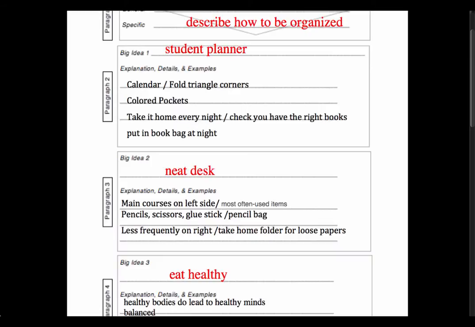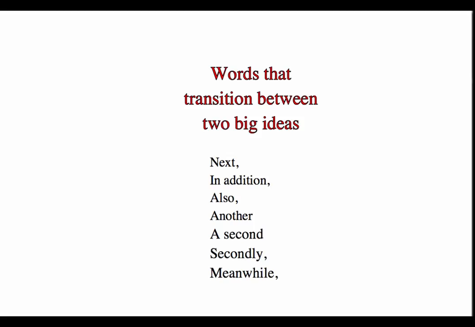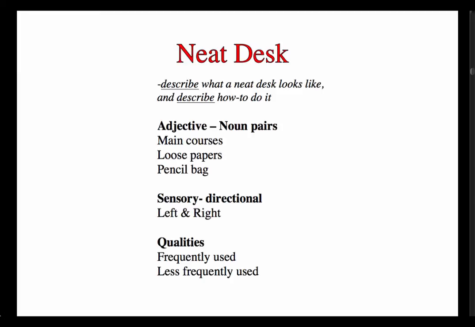The paragraph for big idea number 2 will be written in the same manner as you did for big idea number 1. This time, you have to begin with organizing words that help transition between the two big ideas. You're signaling the end of the first and the beginning of the second. For this paragraph, you can mix your descriptive details in with your instructions on how to keep a neat desk.